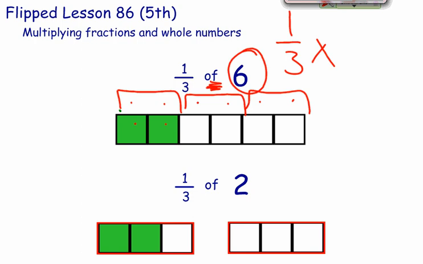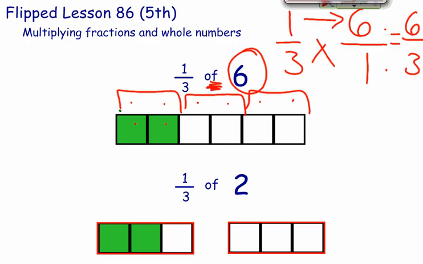The whole number becomes the numerator, and then to make it a fraction, we put it over the number 1. And now we have a fraction, because 6 divided by 1 equals 6, so it is a whole number. Now we can multiply. Numerator times numerator, so 1 times 6 gives us a 6. And then 3 times 1 gives us a 3.